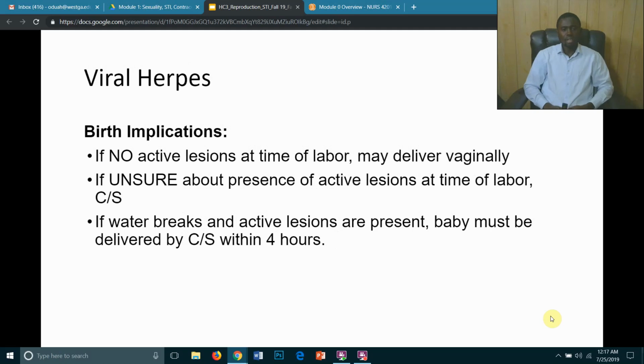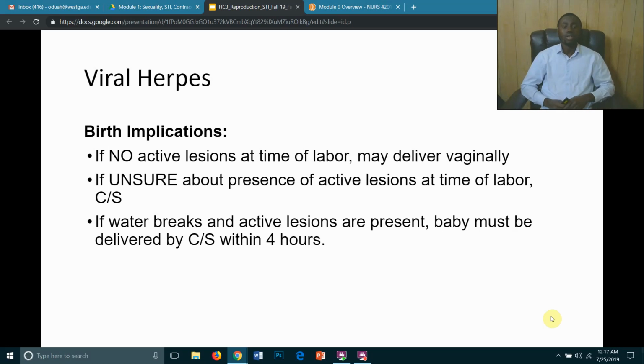Implications for birth include the fact that if no active lesions are present at that particular time, then the provider may deliver the baby vaginally. But if there are lesions, or if the provider is unsure about the presence of active lesions at the time of labor, then a C-section or cesarean birth is indicated to prevent the transfer of the infection from the mother to the baby.